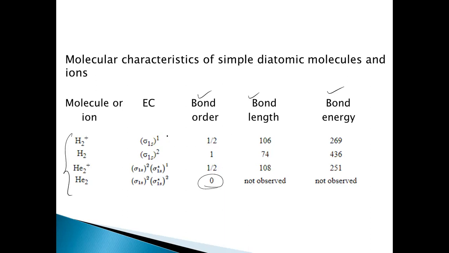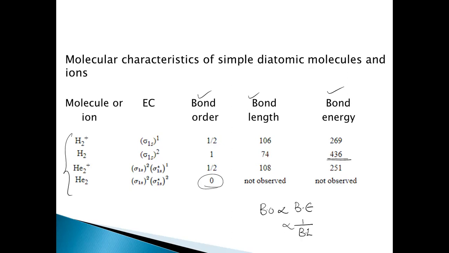So for these, when the bond order is half, we can see the bond length is 106 and bond energy is 269. But when it is 1, the bond energy is more, 36. Right, bond order is directly proportional to the bond energy and inversely proportional to the bond length.